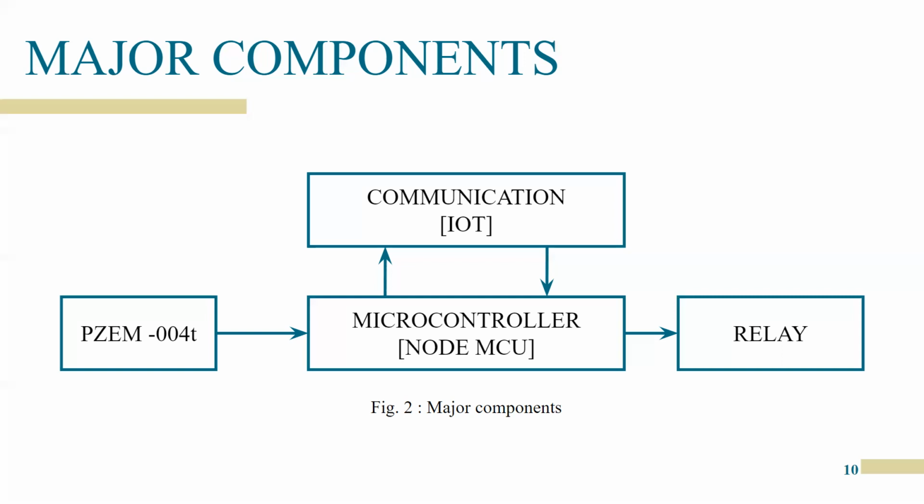The data from the microcontroller is stored in a cloud database, and the microcontroller can also retrieve this data from the database. Whenever our mobile app is connected to Wi-Fi, it can access the database.